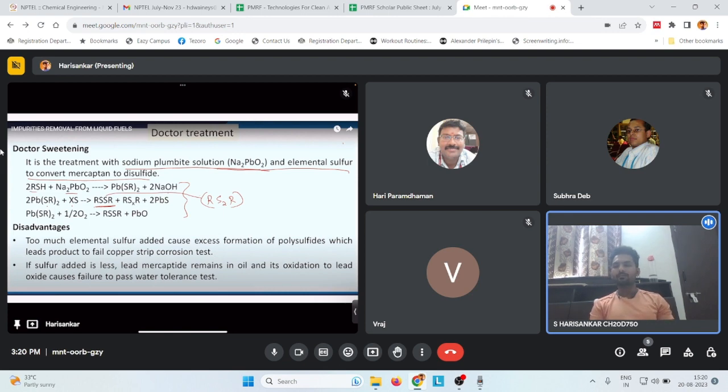So like that the reaction proceeds, and finally we'll get the final compound as lead sulfide and disulfide, along with some amounts of sodium sulfide and so on. But yeah, this is the slight difference between the previous caustic treatment and this doctor treatment. Basically a different chemical solution that we are using.